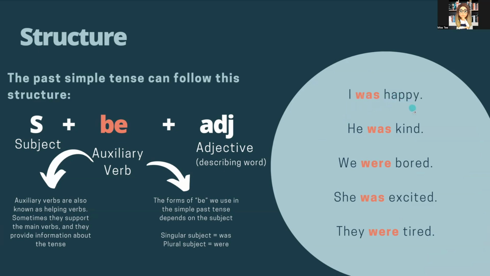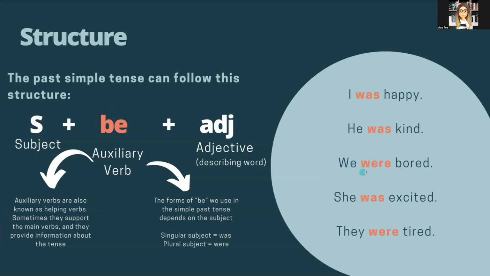I was happy. Now, in this case, I is singular. It's just one person. So we're going to say was. I was happy. He was kind. Again, this is singular, even though it's third person or first person, doesn't matter. No matter what, singular, singular. So was. Now, we is more than one person, could be 2 people, 3 people, 4 people.